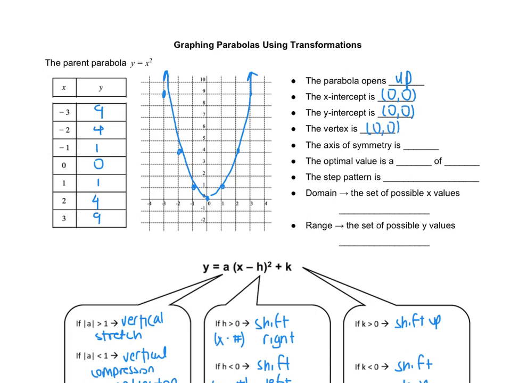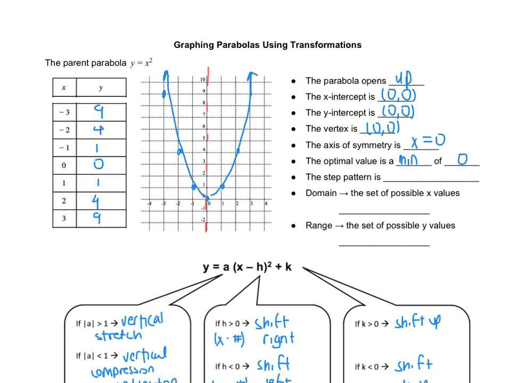Now, of course, the minute this parabola starts moving around, these properties will change. The axis of symmetry is the line that cuts the parabola in half, and it is at x equals 0. It's actually this line here, that is the y-axis. And the optimal value is a minimum, because it's opening up, of 0, because that vertex is the lowest possible point.